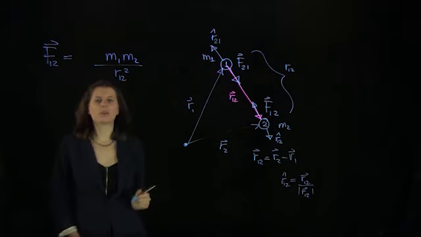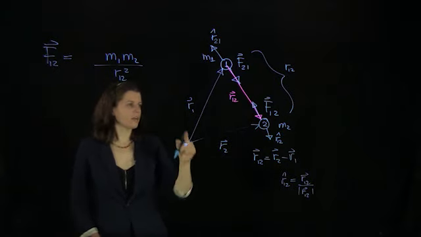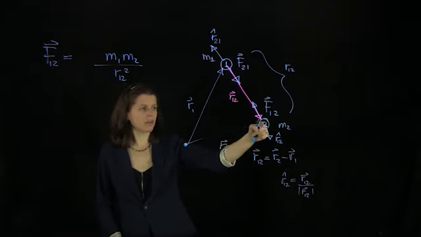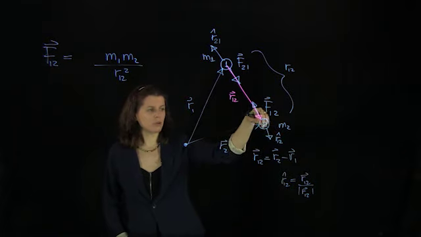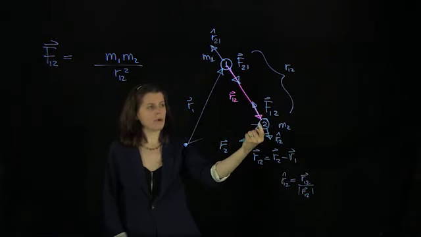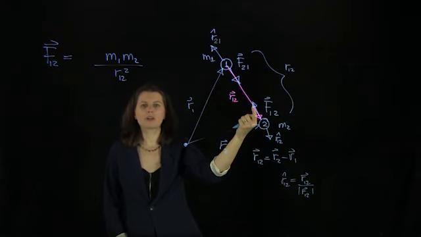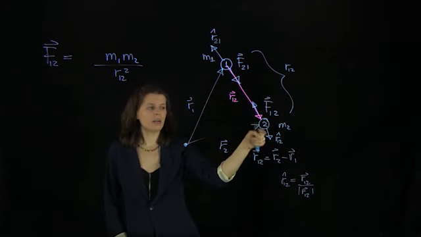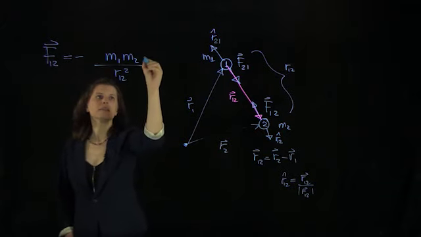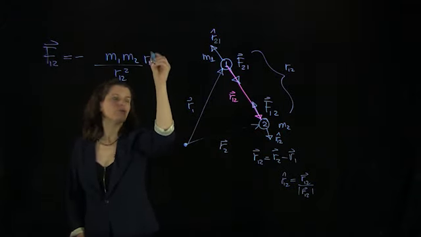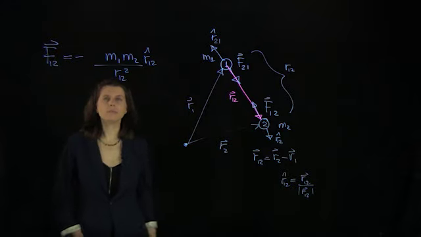But what about the direction? We were looking at object 2. We placed our r-hat unit vector to point down, but the force is going in the opposite direction, so in the negative r1, 2 hat direction. So we have to add a minus here and then r1, 2 r-hat.